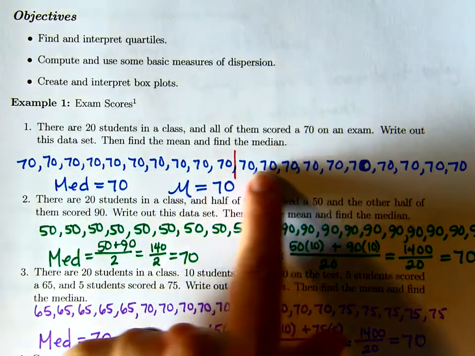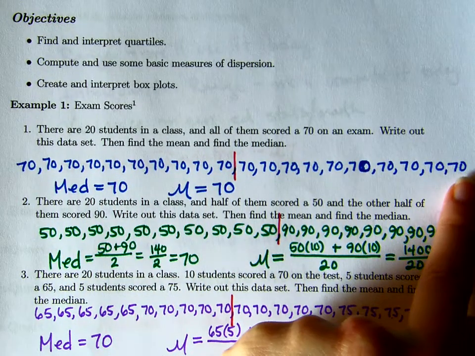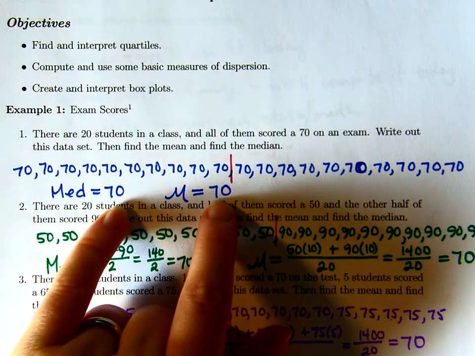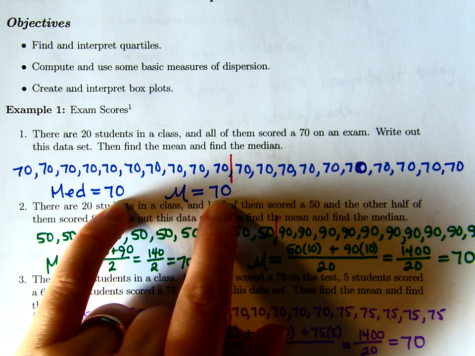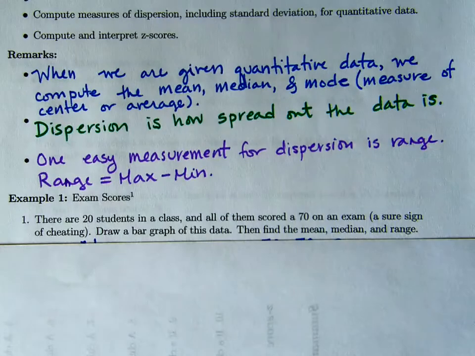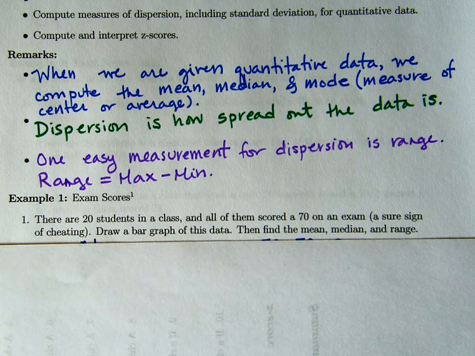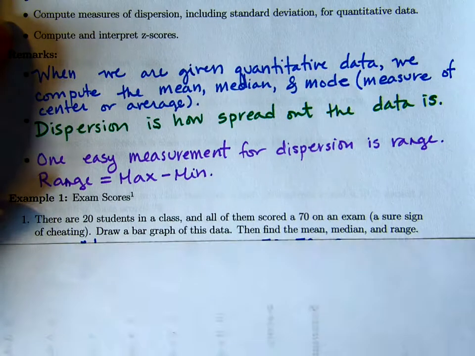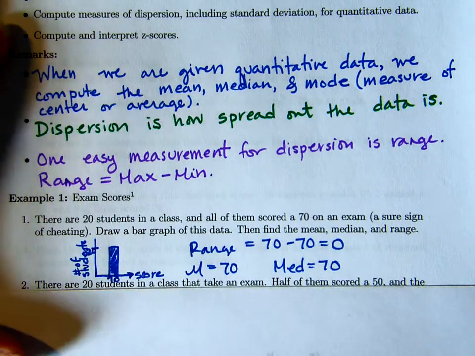20 students all scored the same thing, which is a 70. So immediately it's really easy to see that the average was a 70 and that the middle number is a 70. So I wanted you to see that first. And really it's not a bar graph, it's a histogram. So let's show that.